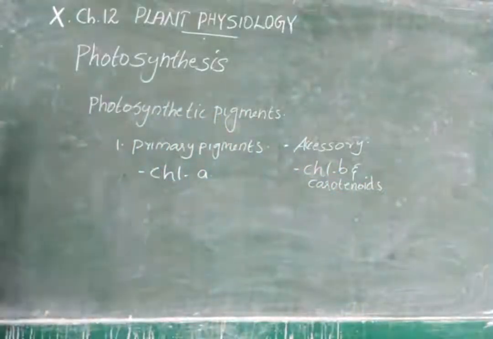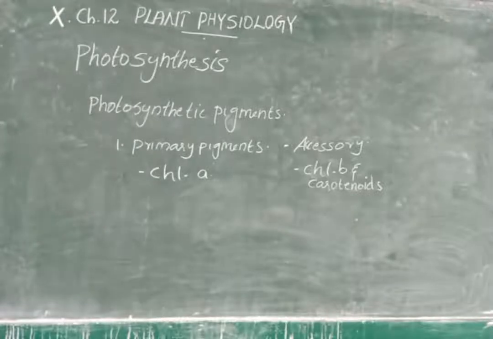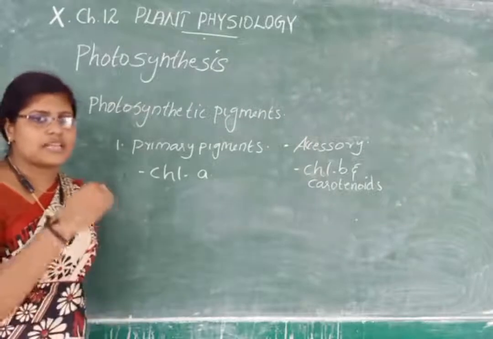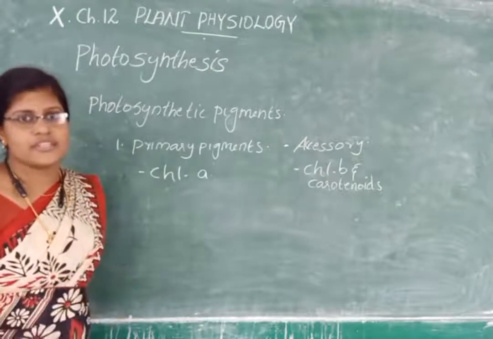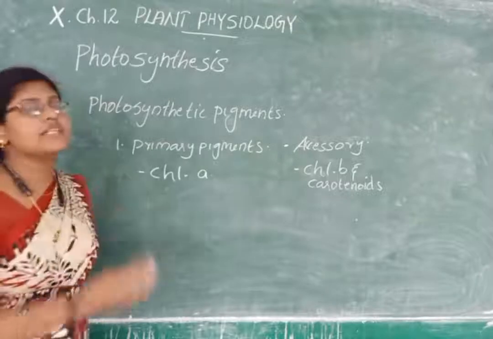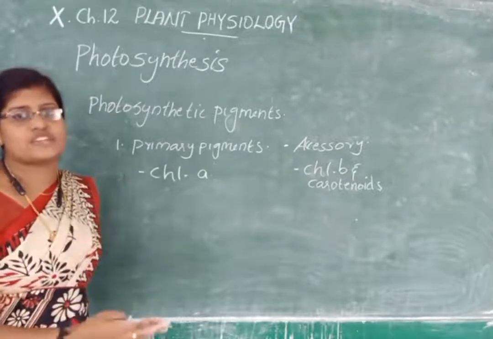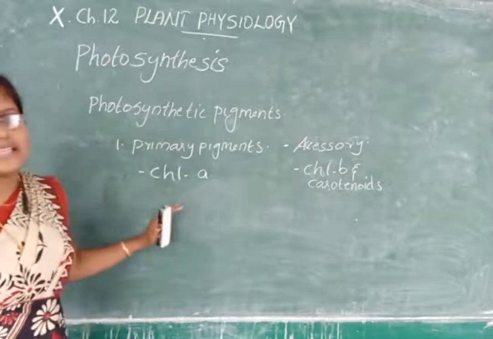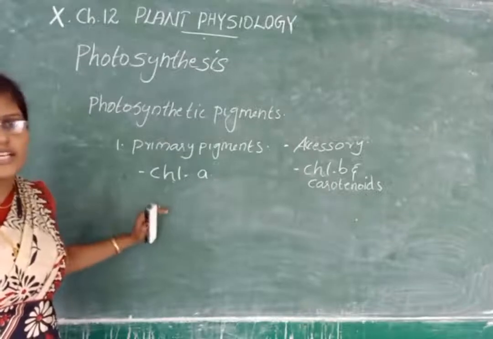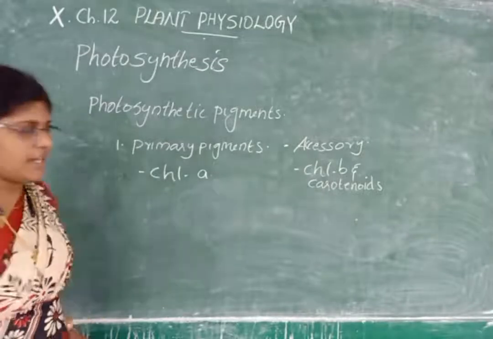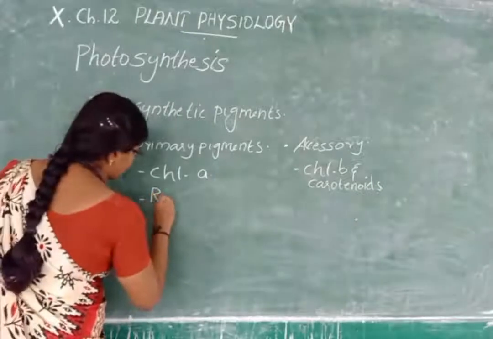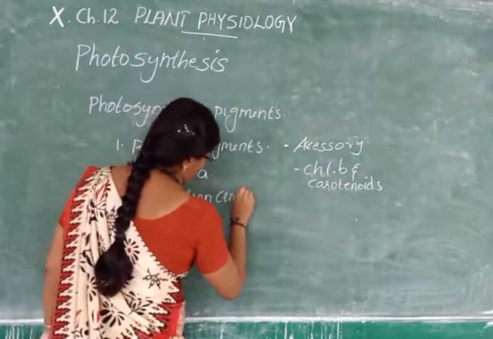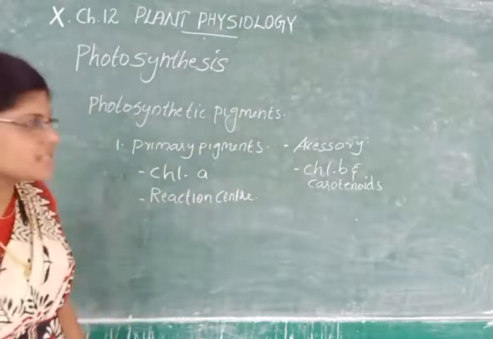Primary pigment means chlorophyll A absorbs the light energy from the sunlight and converts it into chemical or electrical energy, so it is called the reaction center.